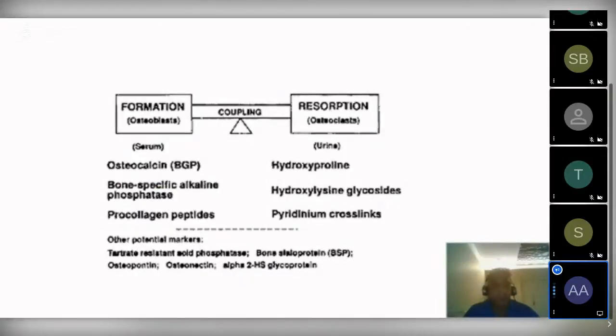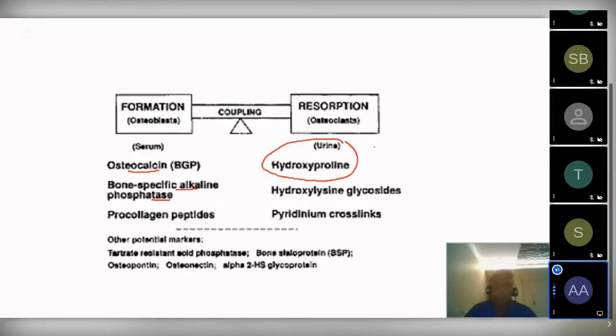Yeah, this is what I want to reinforce once again. There is continuous bone resorption and bone formation. And what are the markers for bone formation? I told you, bone specific alkaline phosphatase, very important, and of course osteocalcin. In bone resorption, I was talking about urine hydroxyproline.